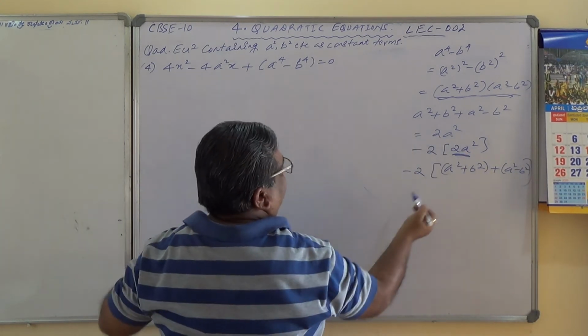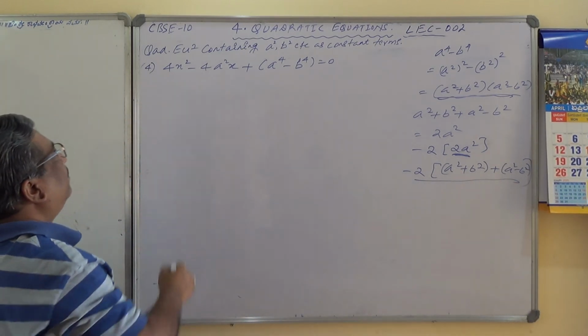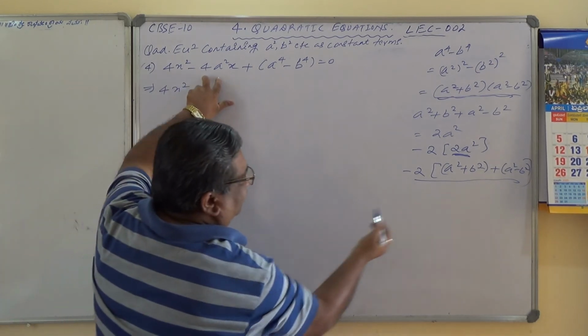So this is what I am going to change the middle term to over here. Minus 4a square equals, therefore, 4x square minus, what is minus 4a square?